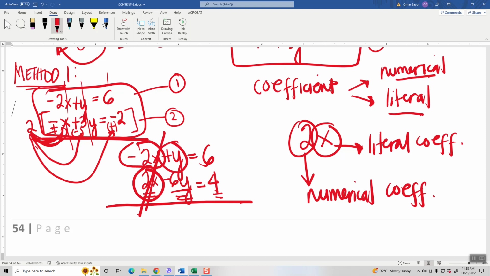And then next to add is plus y minus 6y will give you negative 5y. May piso ka, nangutang ka ng 6. Magkano utang mo lahat? Minus 5y. Equals 6 plus 4, you will have 10.